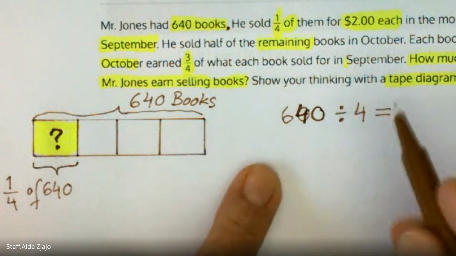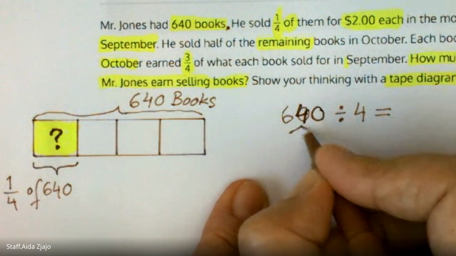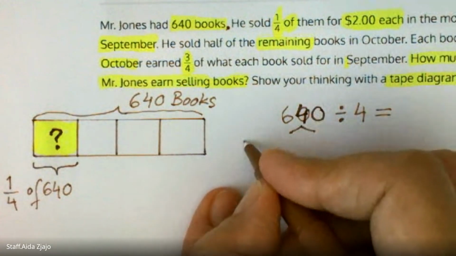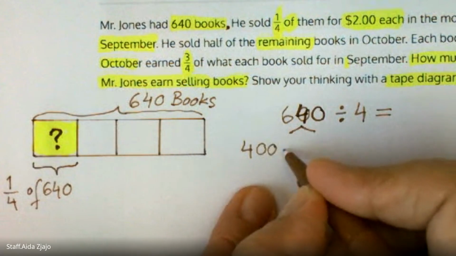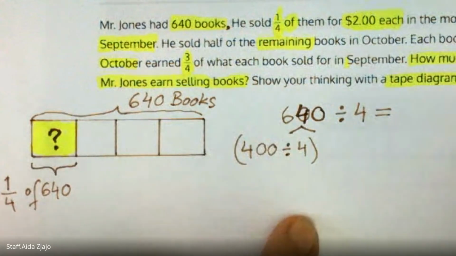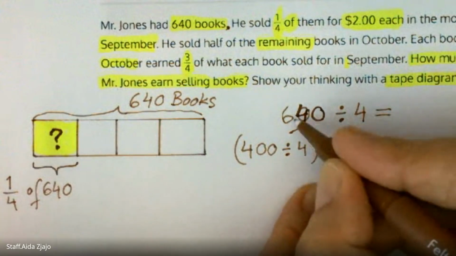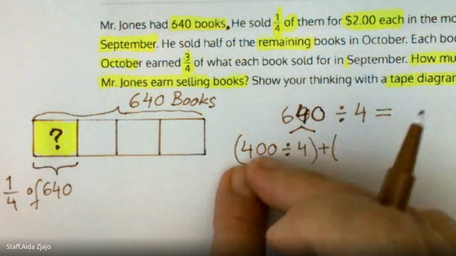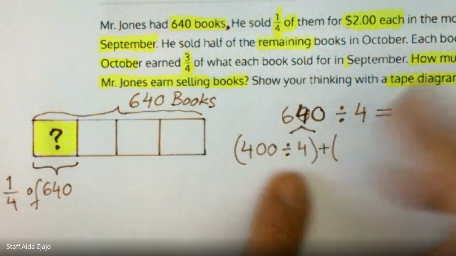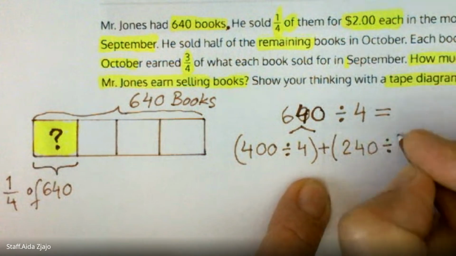Let's decompose this into 400 divided by 4 plus 240 divided by 4.